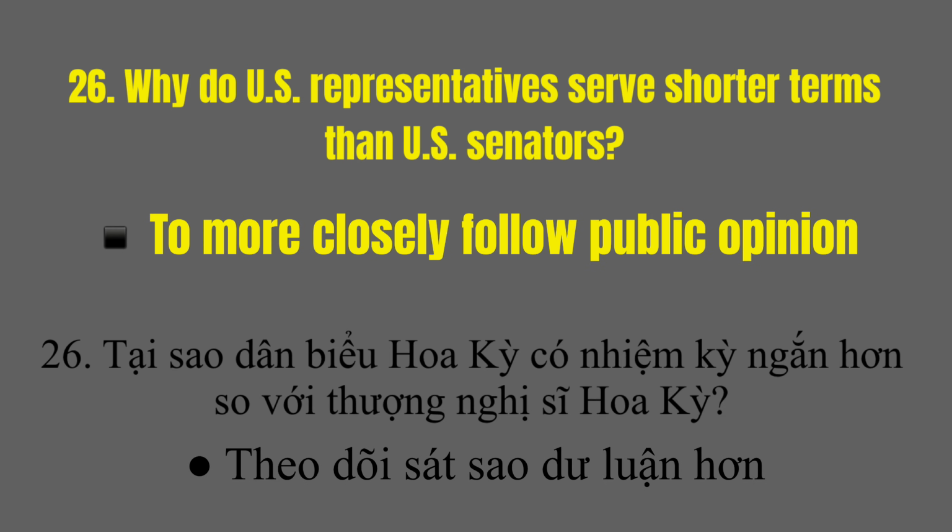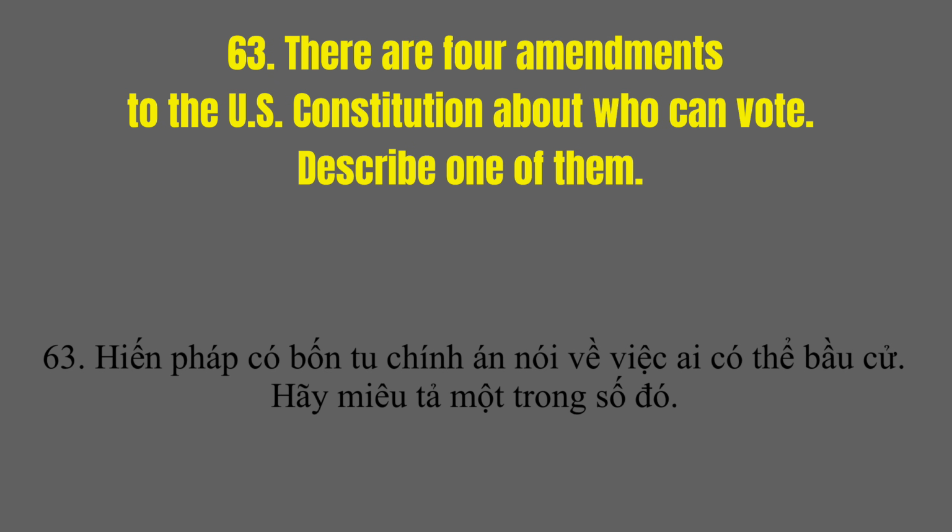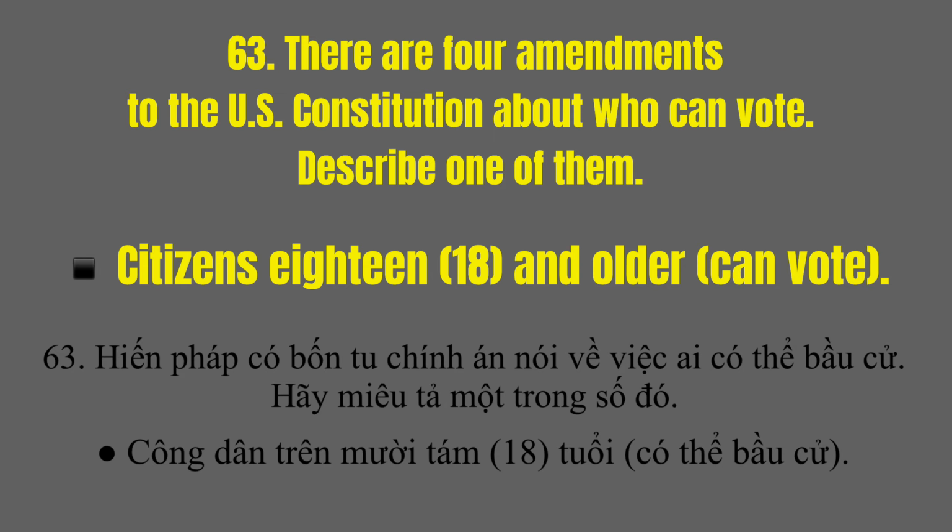To more closely follow public opinion. There are 4 amendments to the U.S. Constitution about who can vote. Describe one of them. Citizens 18 and older can vote.